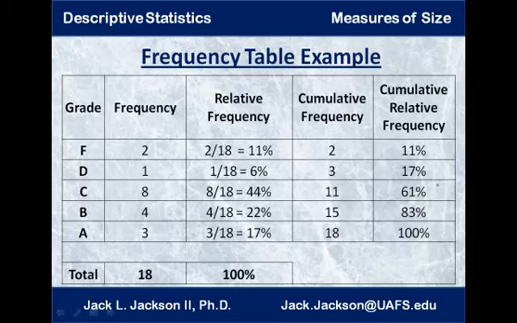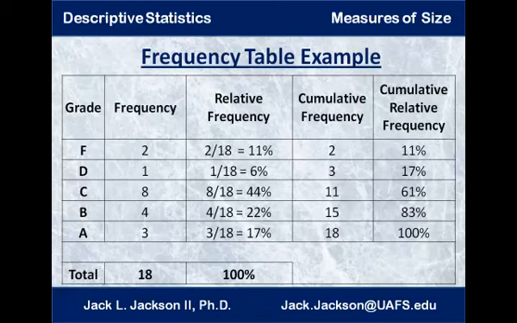Let's look at an example here. So suppose these are distributions of grades for a class, 2 F's, 1 D, 8 C's, 4 B's, and 3 A's, say on a particular exam. So notice the relative frequency is dividing all those by the total size. So if we think of this as a sample, the sample size is 18. That's the total amount of students, total amount of grades.